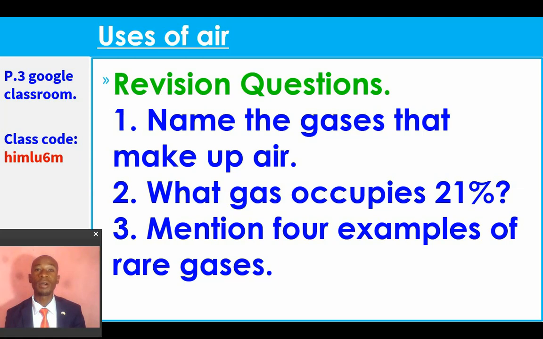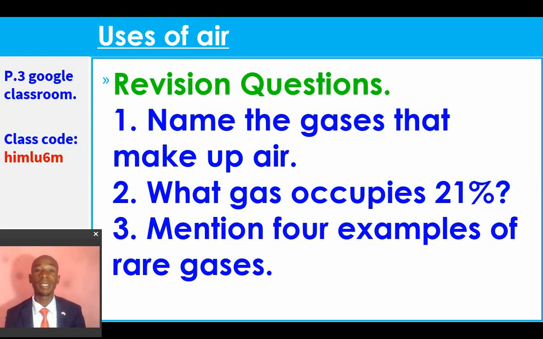So that is oxygen. Nitrogen occupies the largest percentage of 78%. Then carbon dioxide occupies 0.03%, whereas rare gases occupy 0.97%. Now, our last question, mention 4 examples of rare gases.